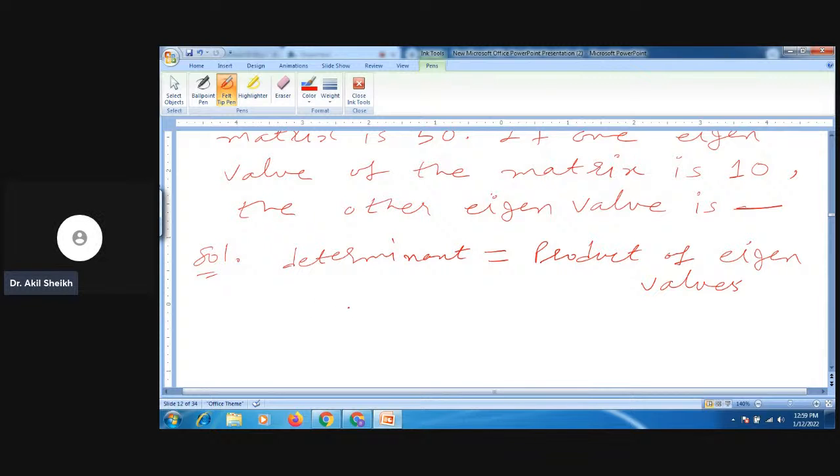And determinant is given, which is 50. The matrix is 2 by 2, so assume there are two eigenvalues, lambda 1 into lambda 2.